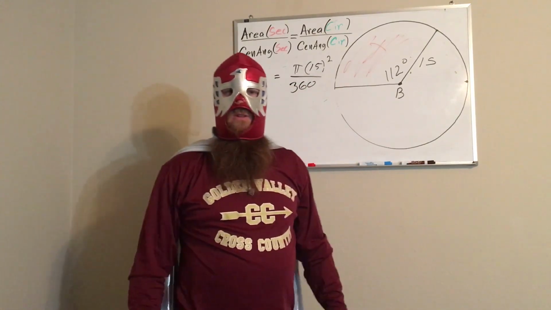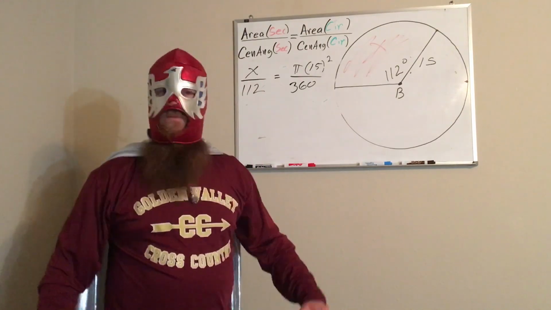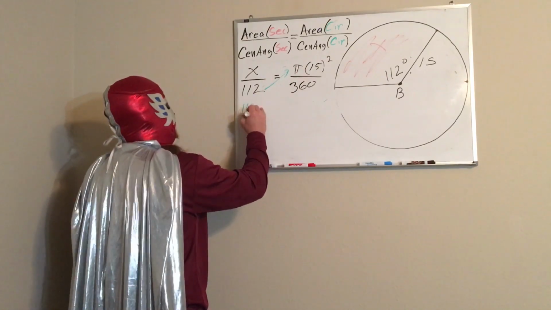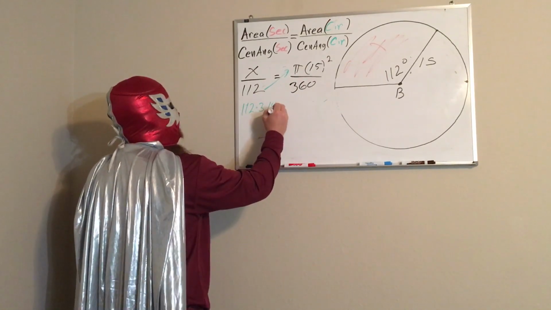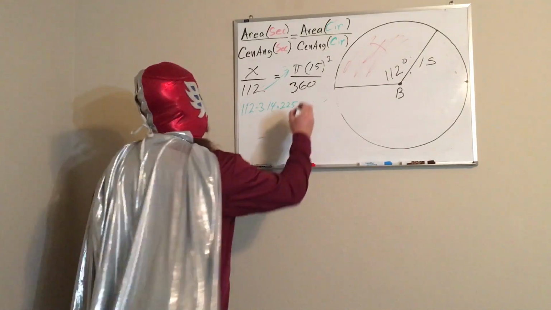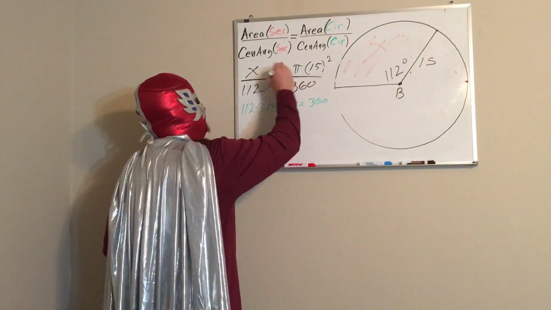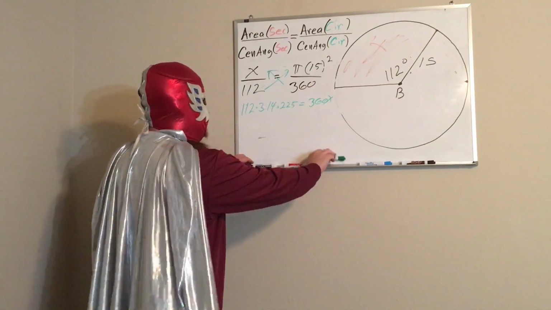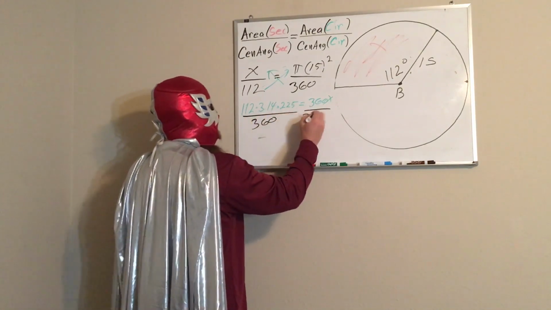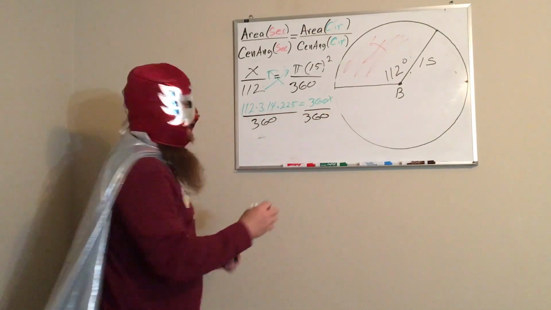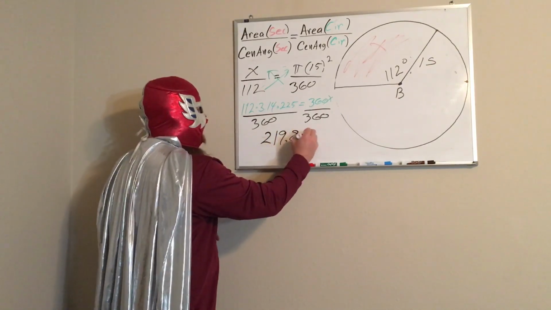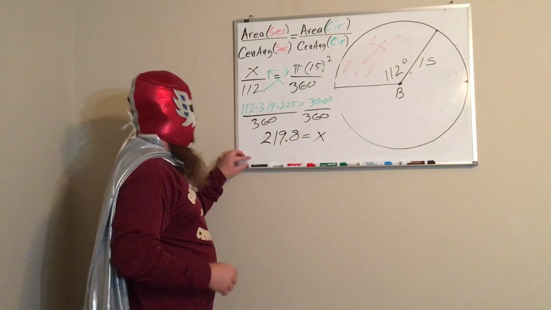And now, using your calculator, you just cross multiply. 112 times 3.14 times 225 is equal to 360 times x. We divide both sides by 360 degrees. Your calculator does the work. Rounded to the nearest tenth, you get 219.8 is equal to x.